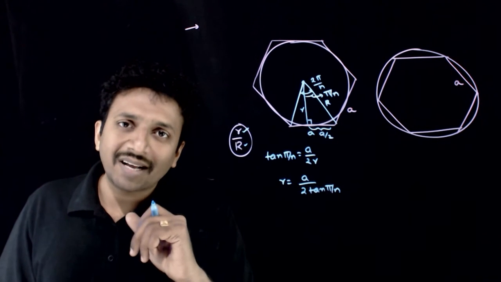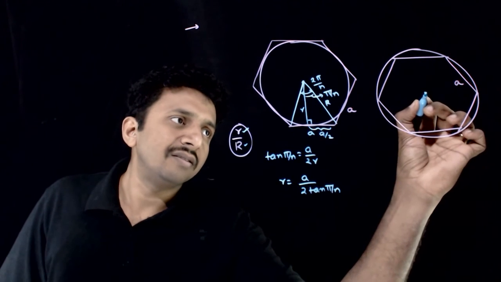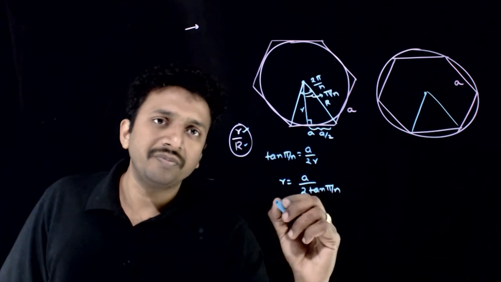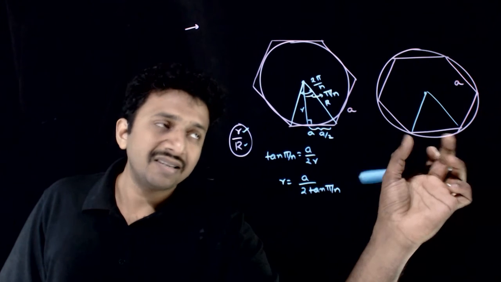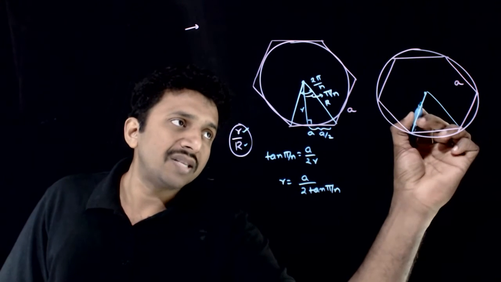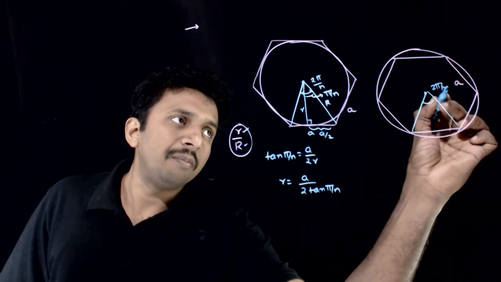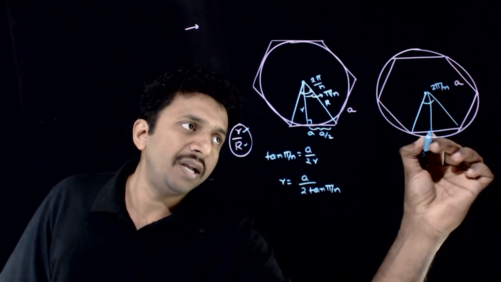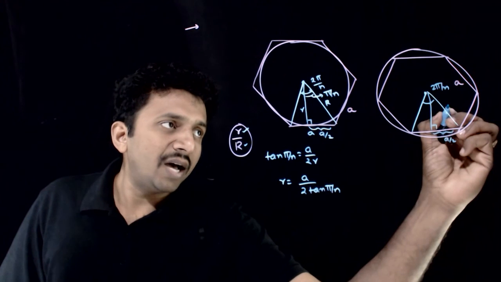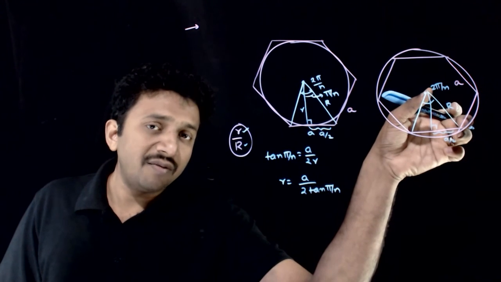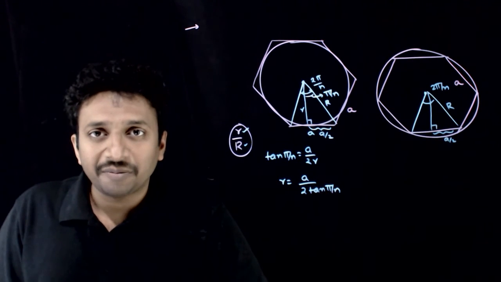Similarly, for the circumscribed circle, if you take the center and join it to the vertices, you get the same triangle, because you have n sides, so this angle will be 2 pi by n. If you draw a perpendicular, this side will be a by 2, and this side will be the radius of the circumscribed circle.